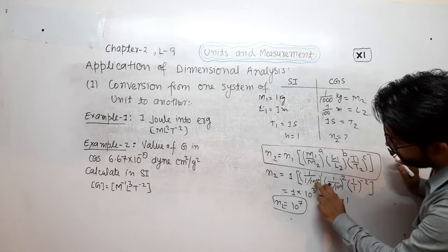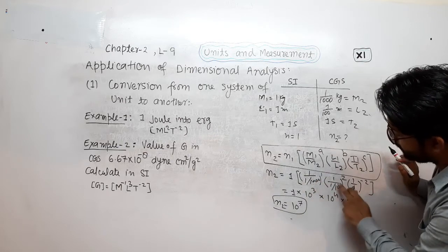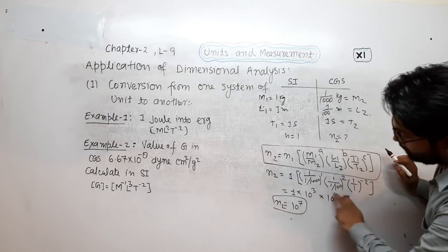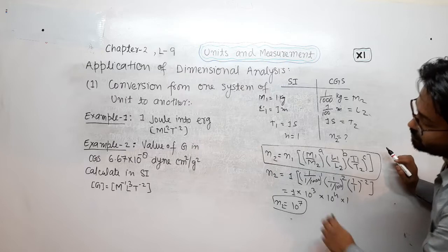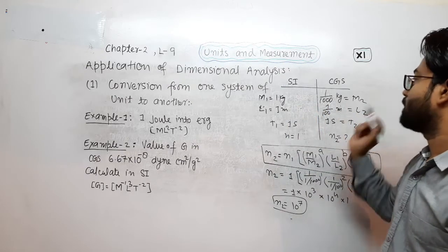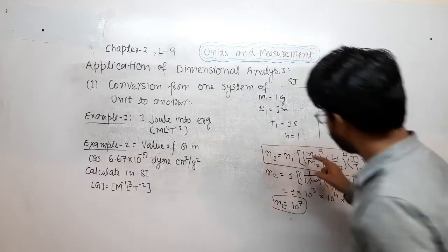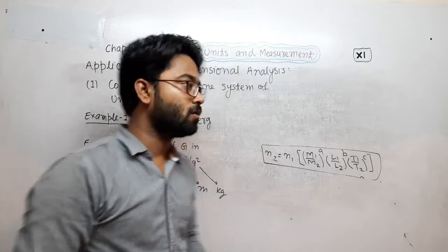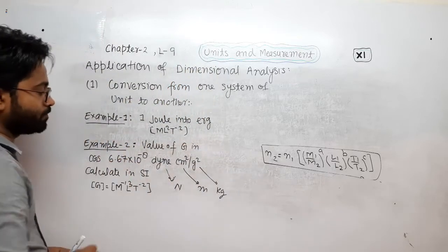After solving you will have 10 to the power 3, then 10 to the power 4, and after calculating you will have n equal to 10 to the power 7. You can write in kilogram or gram, but both the units must be the same. Okay, let us solve example 2.